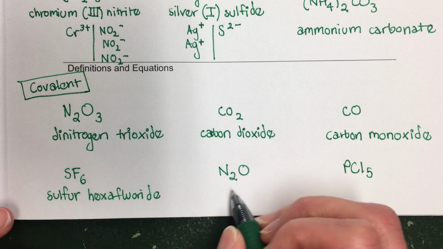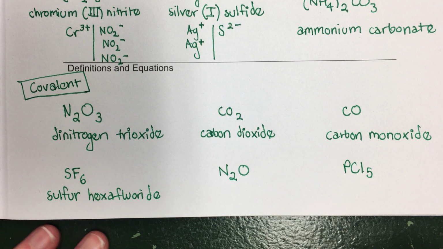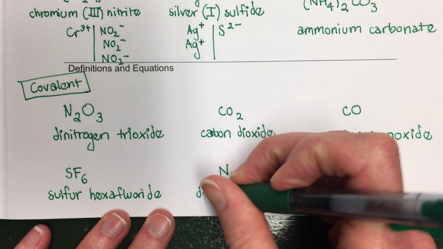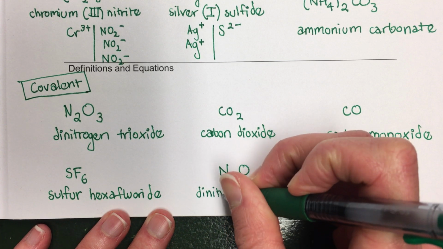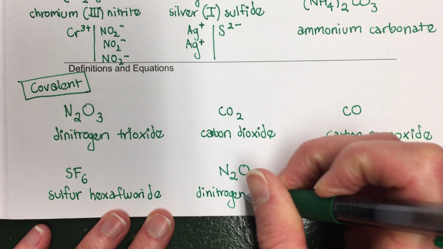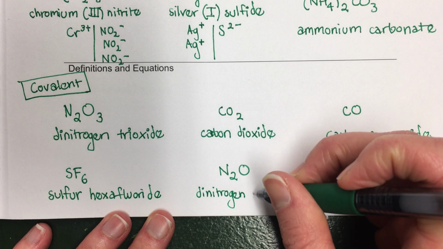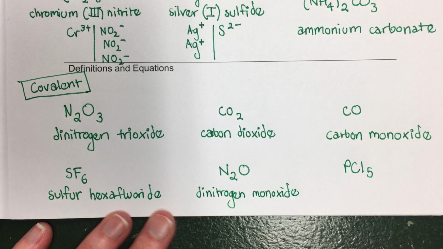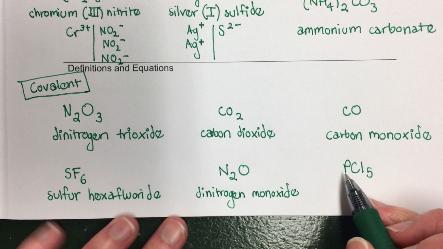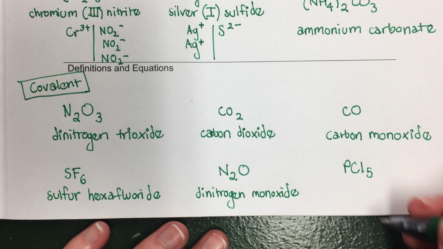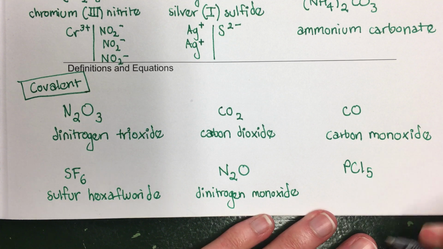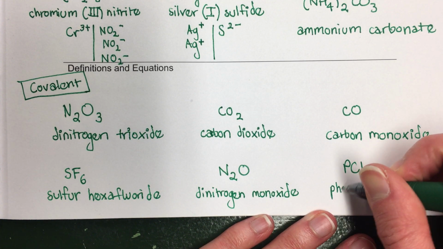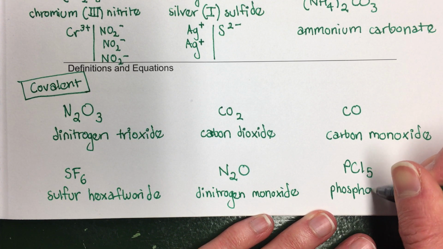So I've got more than one of the first element, so I am going to use a prefix. It's going to be dinitrogen. And then just one O, so it's going to be monoxide. And then PCl5, again, there's just one of the first element, which is phosphorus, so phosphorus.